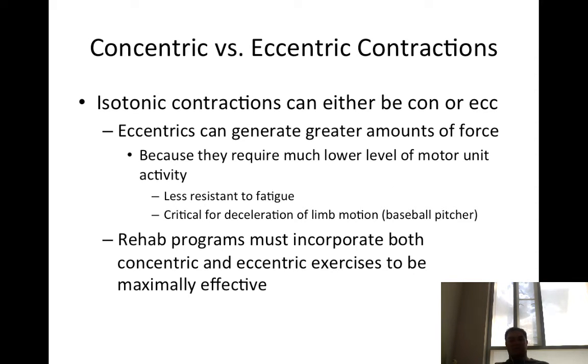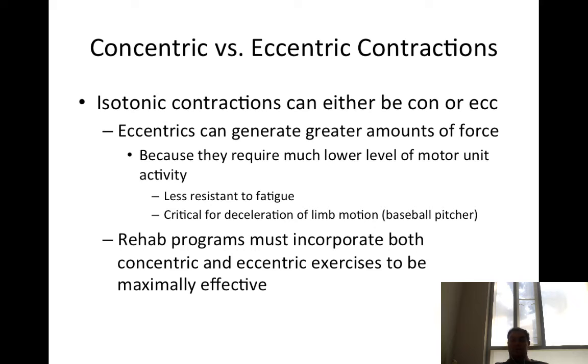Concentric versus eccentric. Isotonic contractions can be either con or E, right? Concentric, eccentric, con or eccentric, E. Eccentrics can generate greater amounts of force, basically because they require much lower levels of motor unit activity.